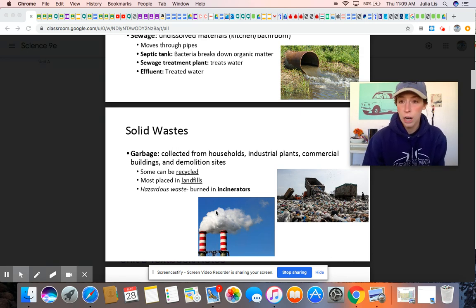A lot of the garbage collects in our households. Hopefully we recycle a lot of it, so we try and reuse those materials. Especially things like glass, we try and reuse those things. Pop cans, we recycle them and break them down and make them into new pop cans.